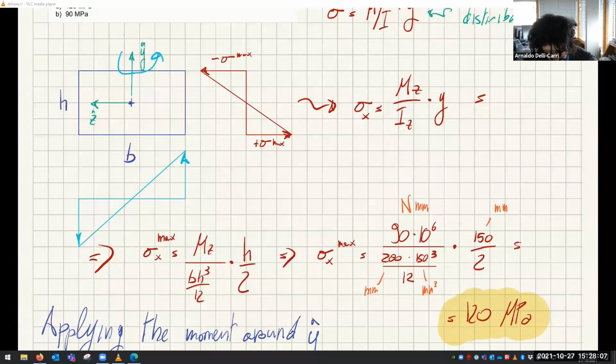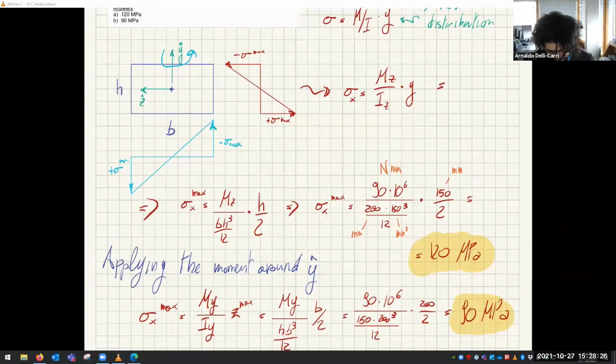So this is positive sigma max here, and negative sigma max here.